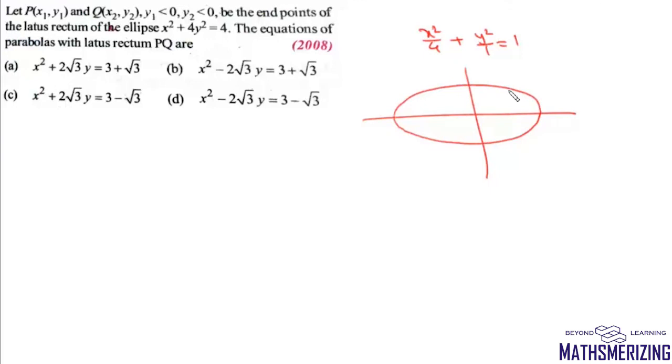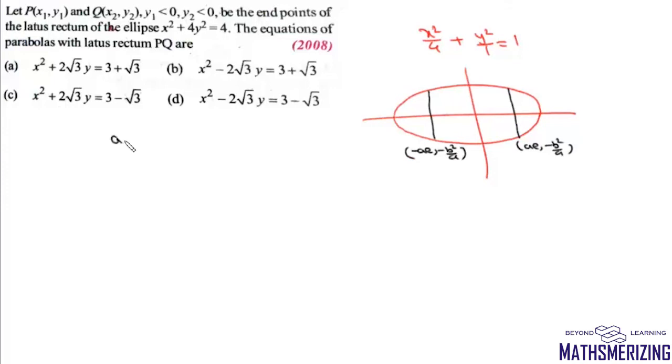And we'll also write the endpoints of the latus rectum for which y is less than 0. We know that the endpoints of the latus rectum are (ae, minus b square upon a) and (minus ae, minus b square upon a).